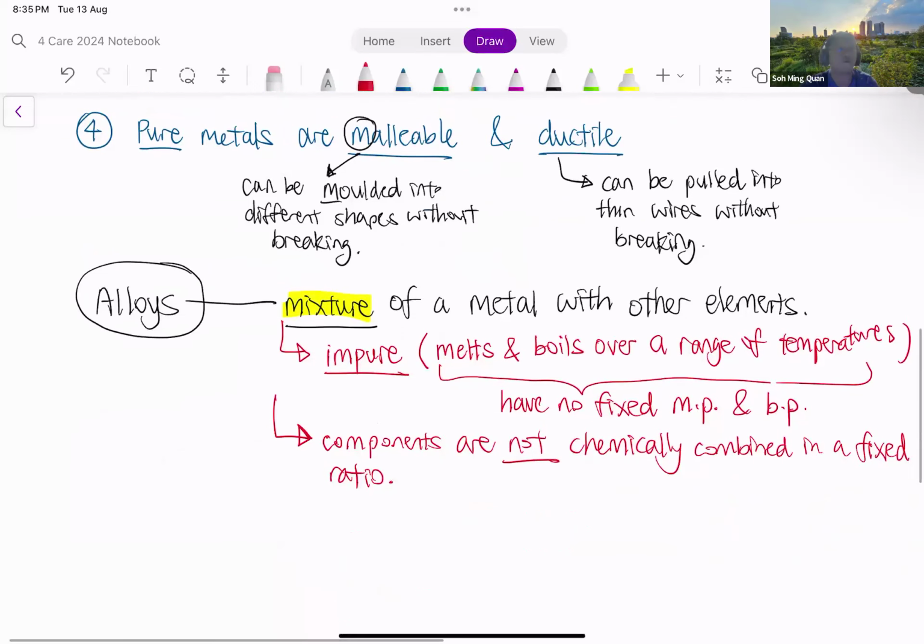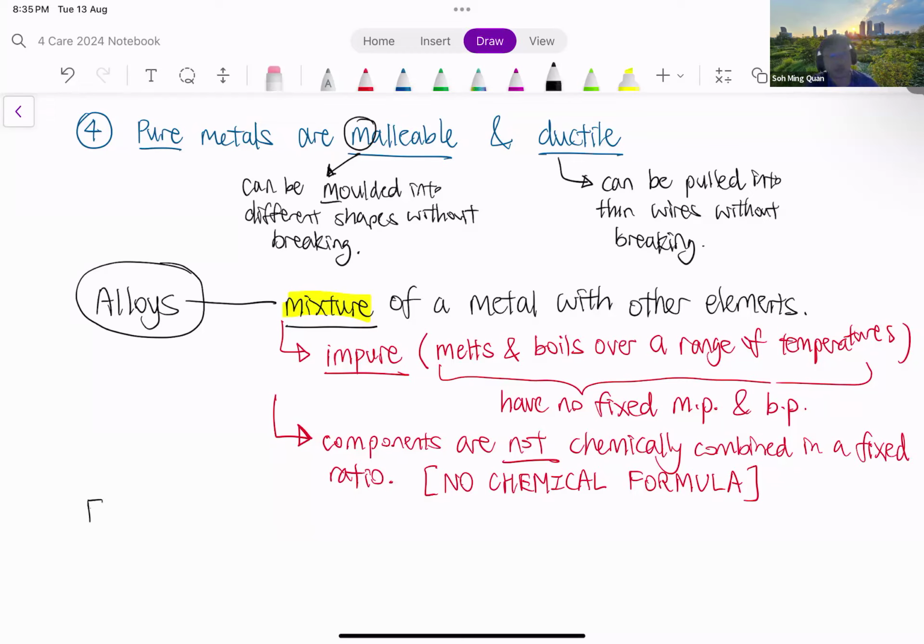And because there's no fixed ratio, there is no chemical formula. If you notice, you have written chemical formulas so many times, but have you written a chemical formula for a mixture? The answer is no, you can't. Because the components are not in any fixed ratio. Okay? Now, so these are the important things you need to know.